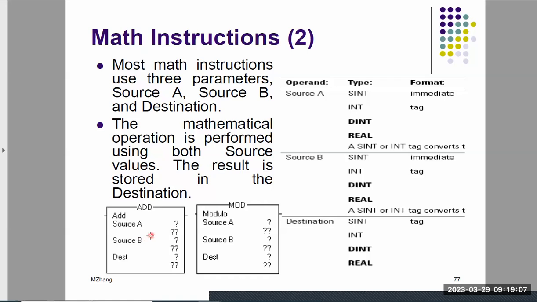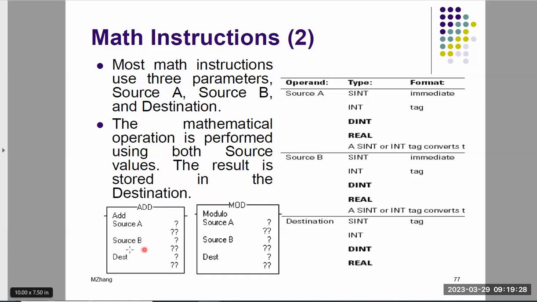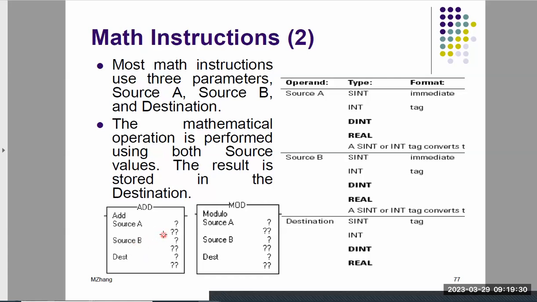A plus B is the same as B plus A, so A and B can be swapped in any order. But if you do subtraction and division, they are different. You understand that? A subtract B is not the same as B subtract A, so there is an order of position involved.